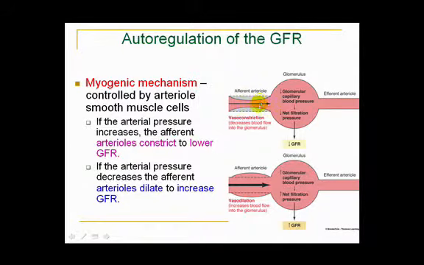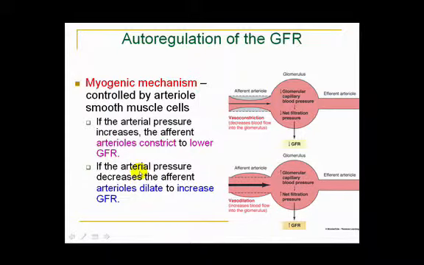If I want to lower glomerular filtration pressure back to normal, I need to have less blood going into the capillary bed. The way to get less blood into the capillary bed is to vasoconstrict this afferent arteriole. So if arterial pressure increases, the afferent arteriole will constrict. That will lower glomerular pressure back to normal.